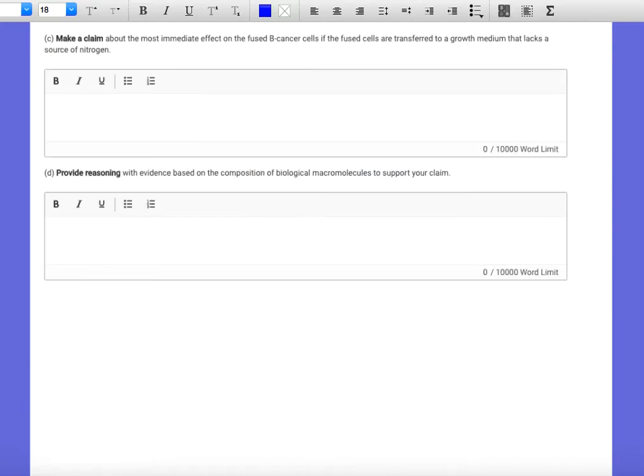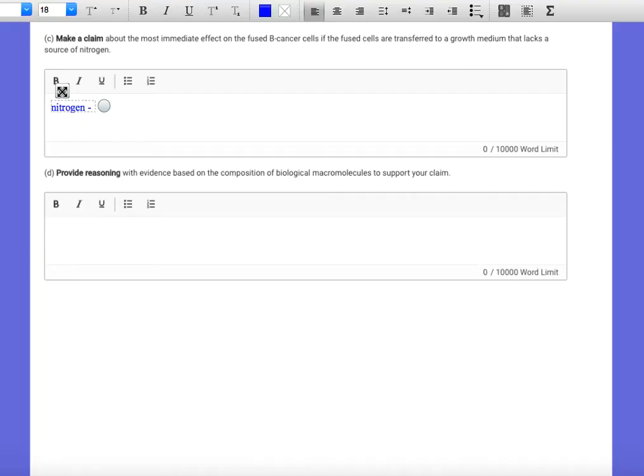Okay, let's look at the second half of the question. Make a claim about the most immediate effect on the fused B cancer cells if the fused cells are transferred to a growth medium that lacks a source of nitrogen. Okay, so all you really have to think is, what has nitrogen in it?